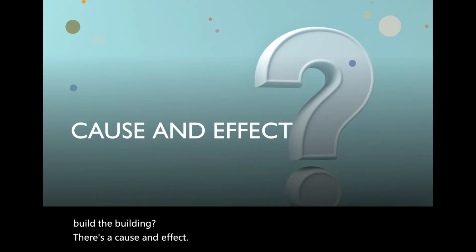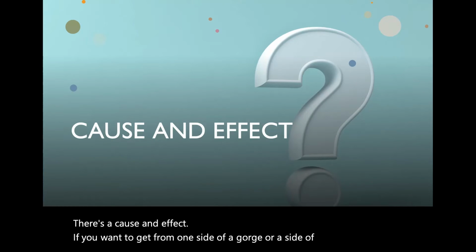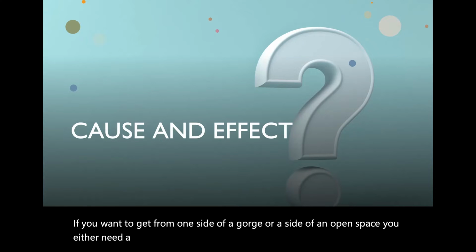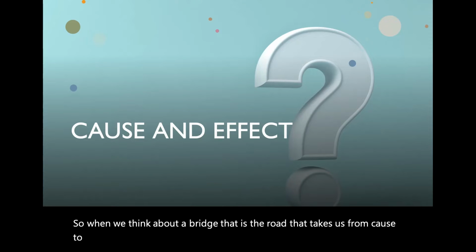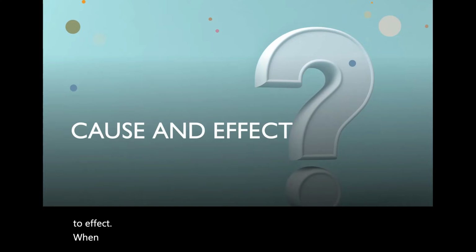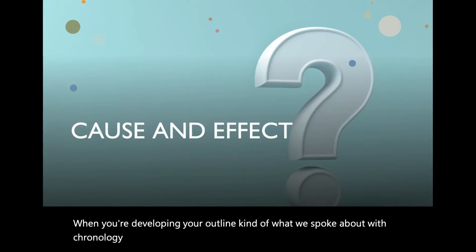If you want to get from one side of a gorge or an open space to the other, you either need a road, a bridge, or something to connect the two. So when we think about a bridge, that is the road that takes us from cause to effect. When you're developing your outline, kind of what we spoke about with chronological thinking, is the cause and effect related?